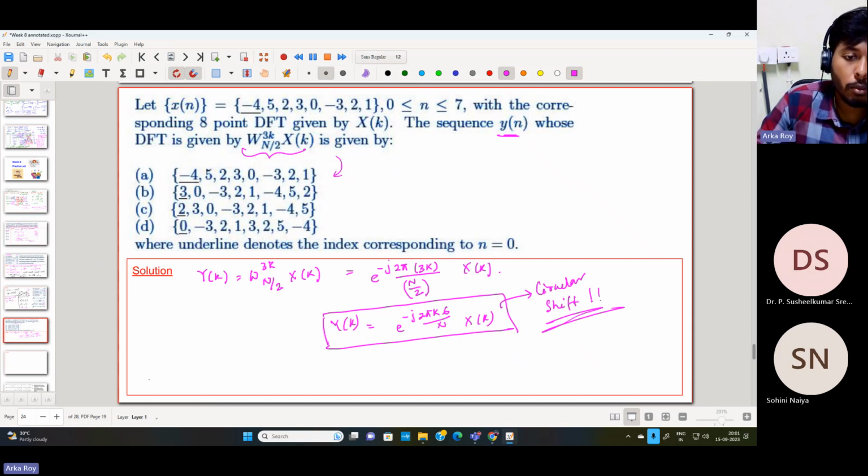So what sort of circular shift I will get, that I need to just revisit. I will show some of the samples and then you can infer, as a natural consequence, how I can get the original sequence in time. So x, I guess.